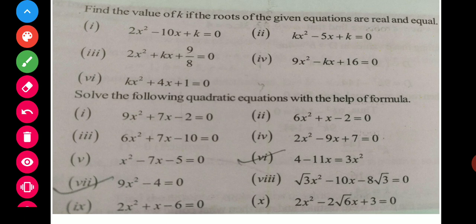Yes, these questions. So the remaining part is for your homework, like this question and the other questions. These are the homework, so you can do them at home. In this question also, and this question. So many questions are for your homework.